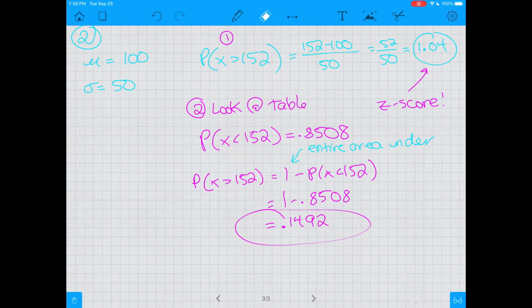So when you see something where you're being asked to compute the probability of x being greater than something, we still find the z-score for that data point, but now instead of just giving me the number from the table, now it's a 1 minus the number from the table.